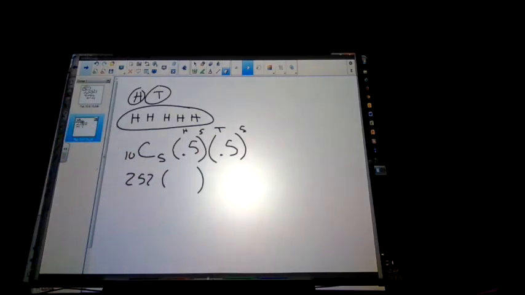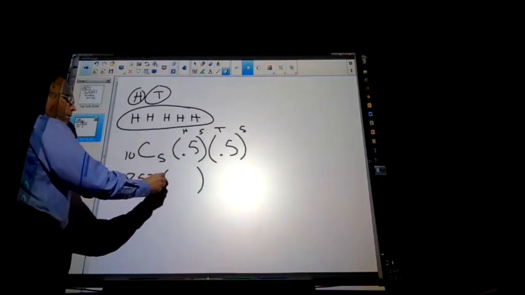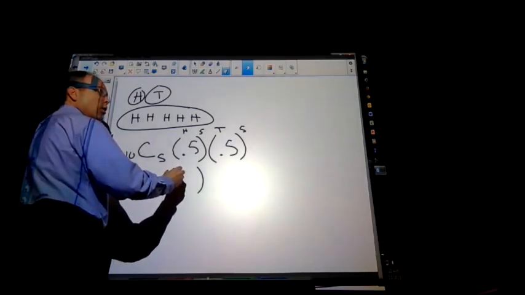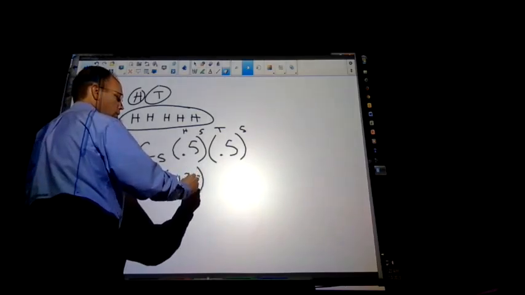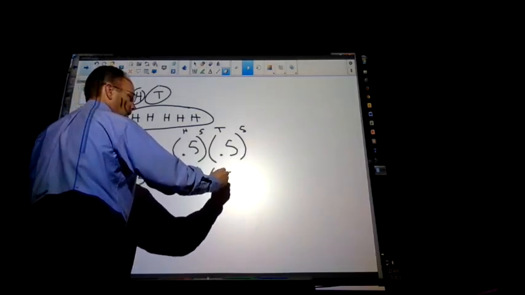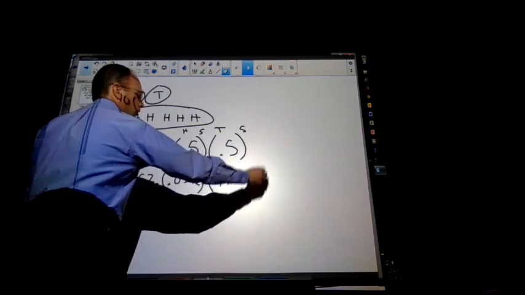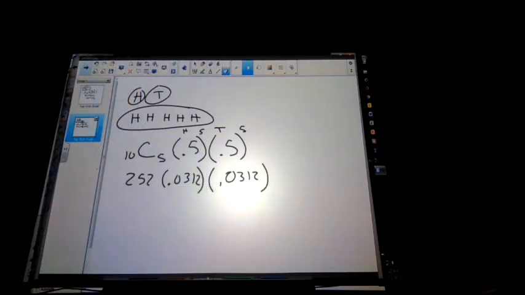Give me 4 decimals, please. 0.5 to the 5th. 0.0312, and that would also be here. Is that correct? Okay, help me out. 252 times 0.0312 times 0.0312.